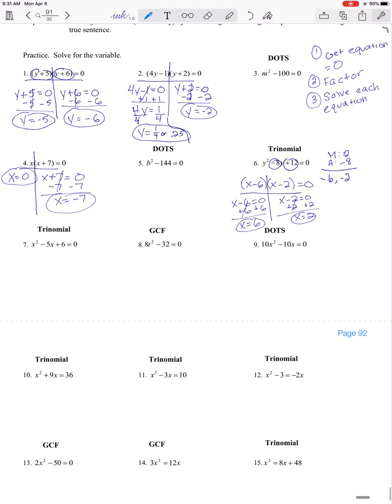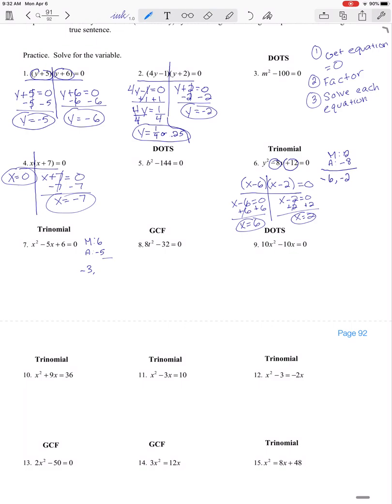So remember, factoring trinomials, you need two numbers that multiply to 6 and add to -5. Those two numbers are -3 and -2.